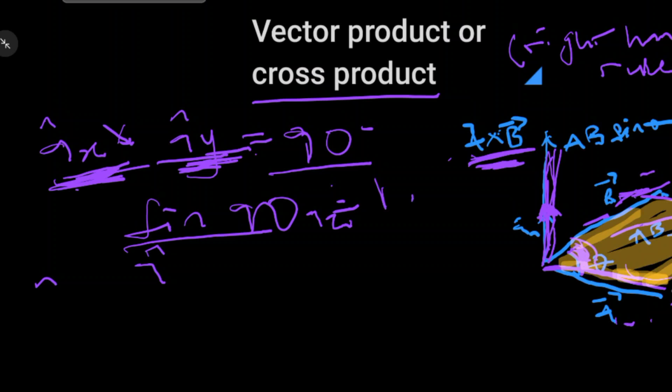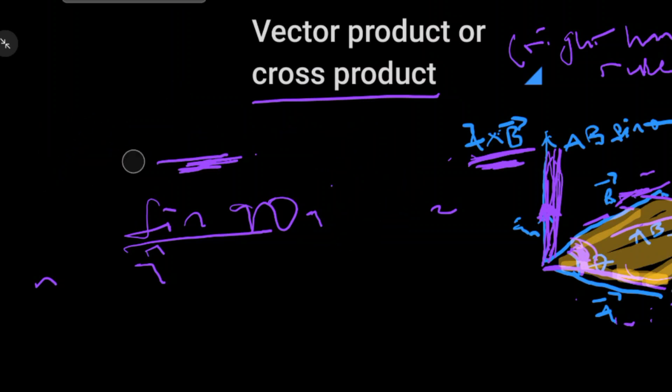So this is 1 az. Let's call this the z-axis. So this unit vector multiplied by this unit vector is equal to this new unit vector.